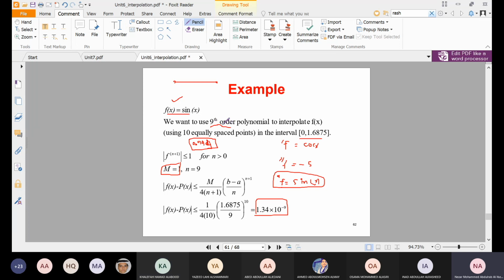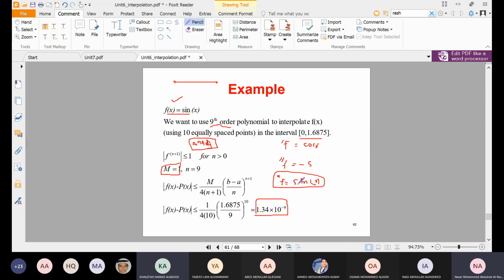You take the first derivative cosine, second derivative minus sine, third derivative minus cosine, fourth derivative sine, fifth derivative cosine, like this one, until you get the derivative number n, you should get sine. Okay, we take the derivative.